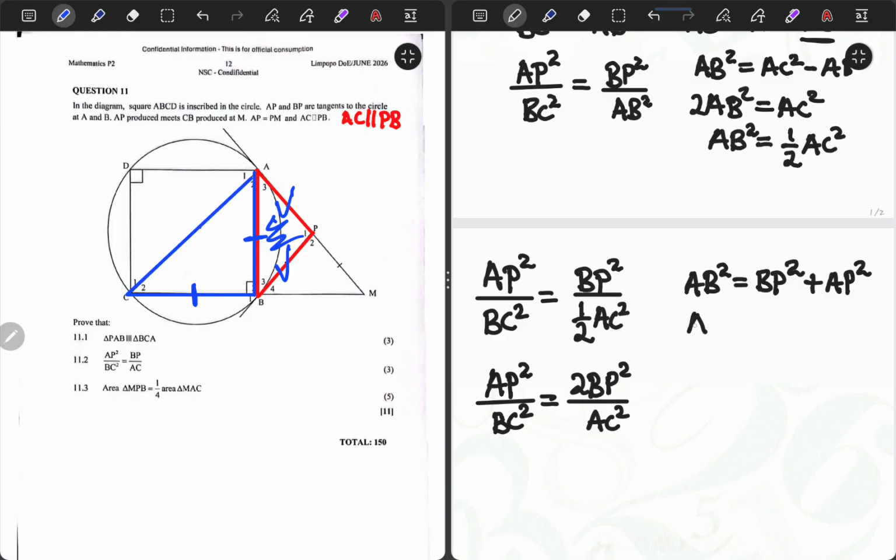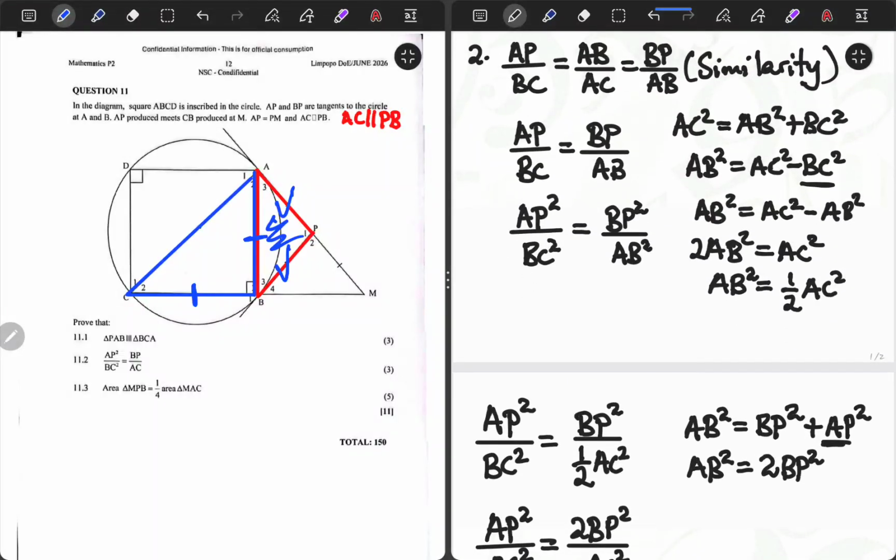AB squared equals 2, because this is the same as BP, so it's 2BP squared. So what can I do from there? Let me check.